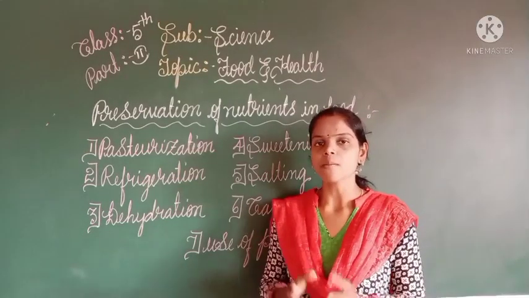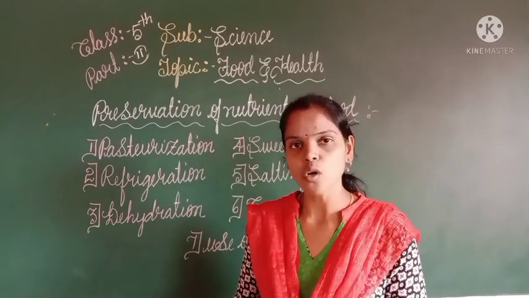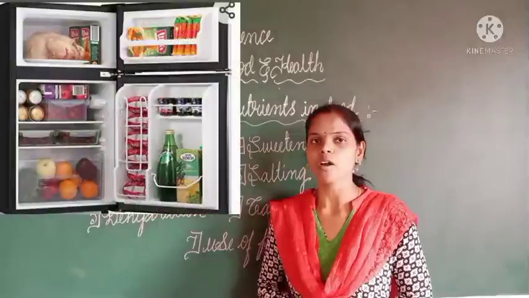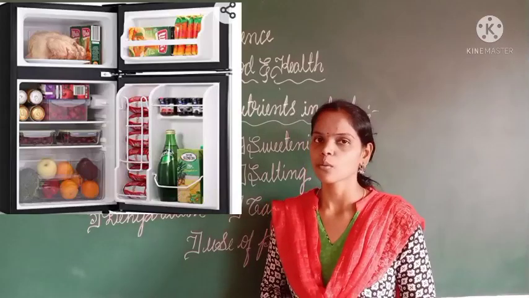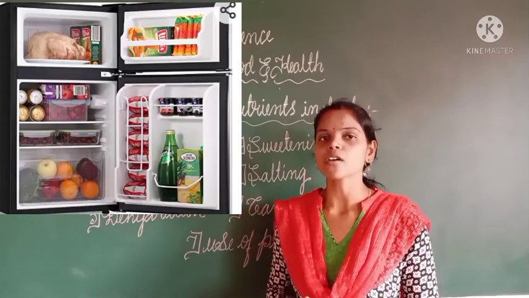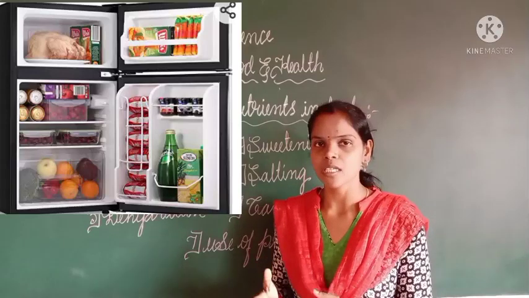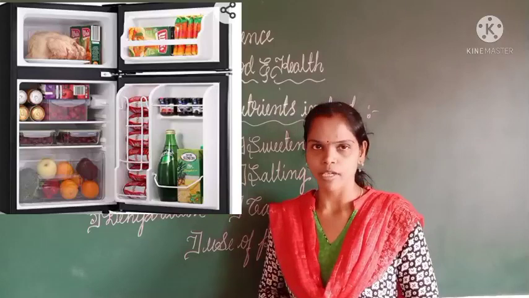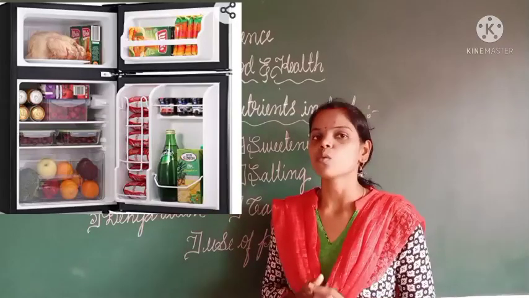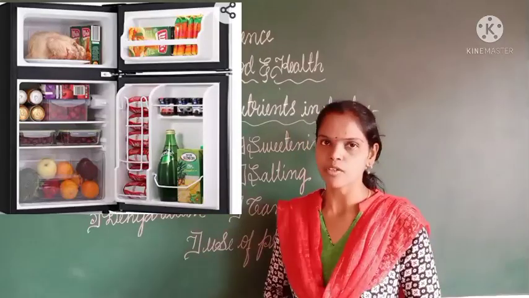Dear students, some kinds of food we can store by refrigeration or deep freezing. Some food items we can preserve in deep freezing for a few days or one week, right? So it is one way to preserve food.